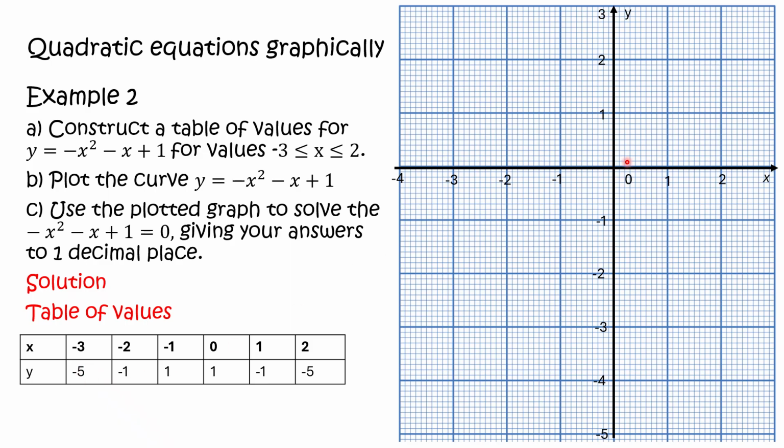The same scale would cater for the values that I have over here, from minus 5 to plus 1. So having that, we are going to have the first point, which is minus 3, minus 5; minus 2, minus 1; minus 1, 1; 0, 1; 1, minus 1; 2, minus 5.